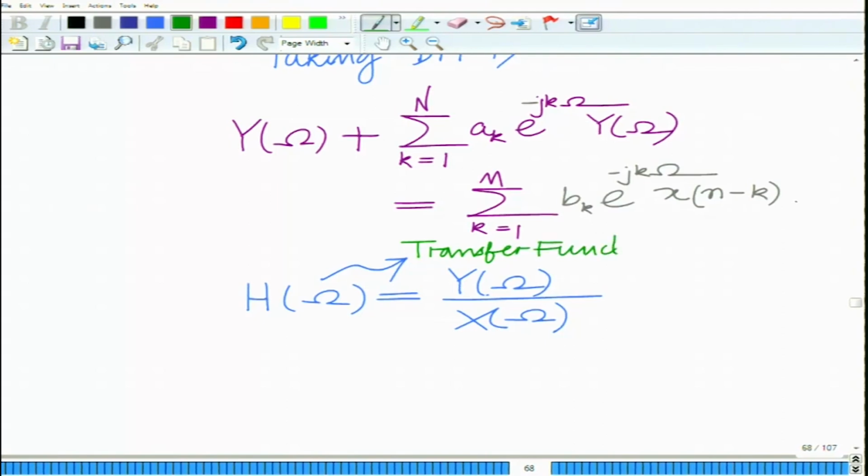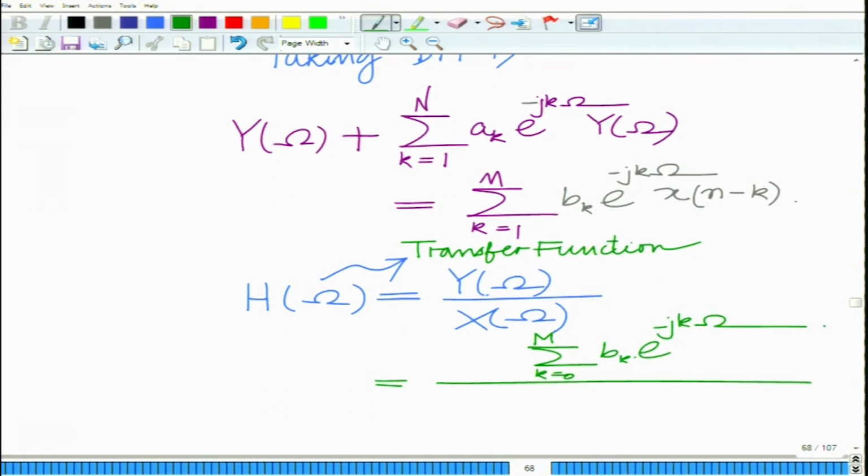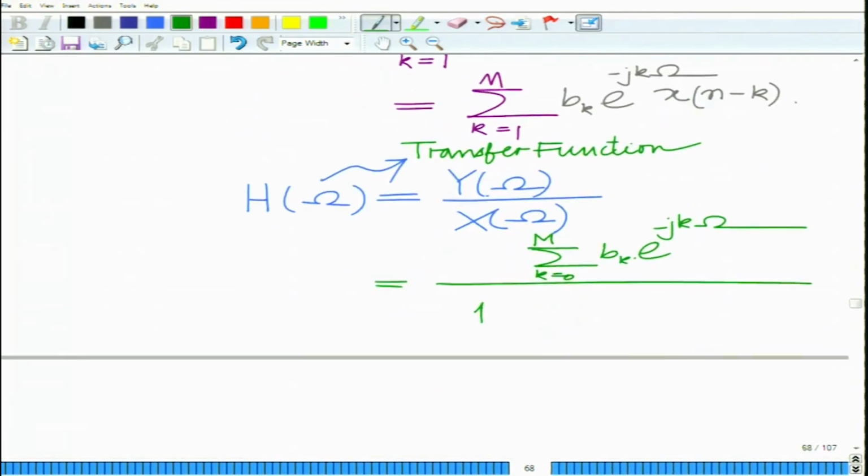So, H(omega) equals summation k equal to 0 to M b_k e raised to minus j k omega, over 1 plus summation k equal to 1 to N a_k e raised to minus j k omega.